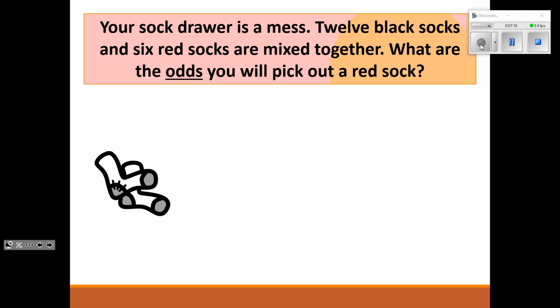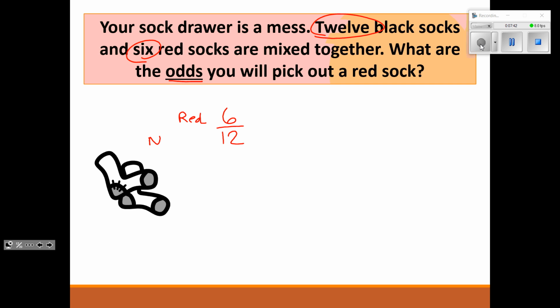Your sock drawer is a mess. Again, we have 12 black socks and 6 red socks, so we have the same scenario we had before, but this time it says, what are the odds you will pick out a red sock? On top, how many are red? What are the favorable outcomes? There were 6 red. And on the bottom, what are the unfavorable outcomes? There were 12 that are not red. So these are the red.